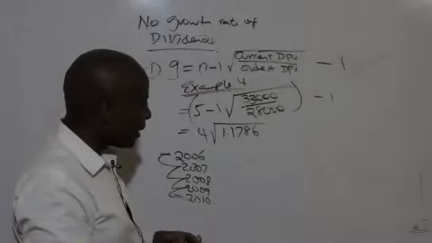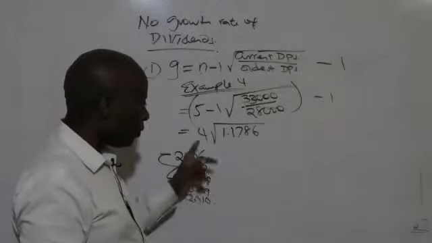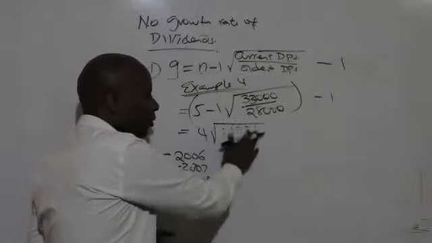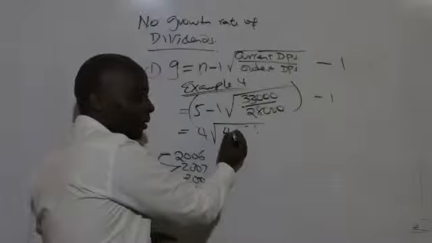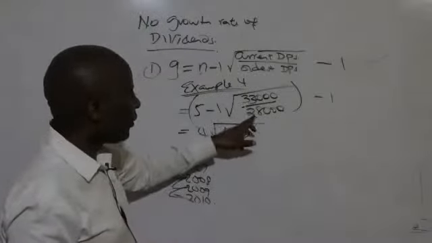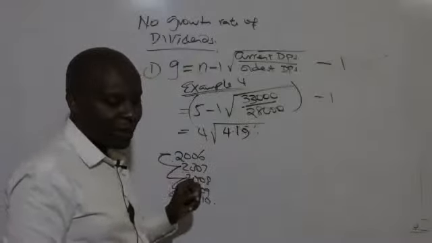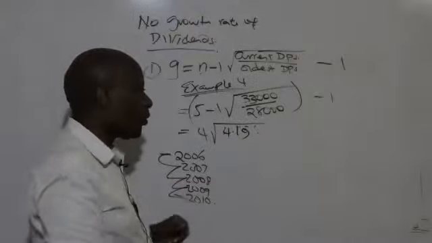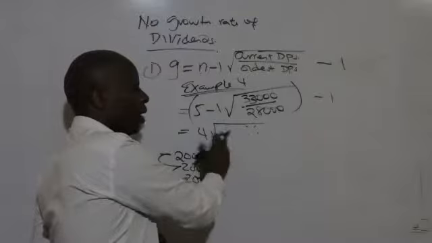Before the percentage, are they able to get the fourth root of this? What is inside should be 1.1786. It can't be 4, because 33,000 divided by 28,000, my friends, cannot be 4.